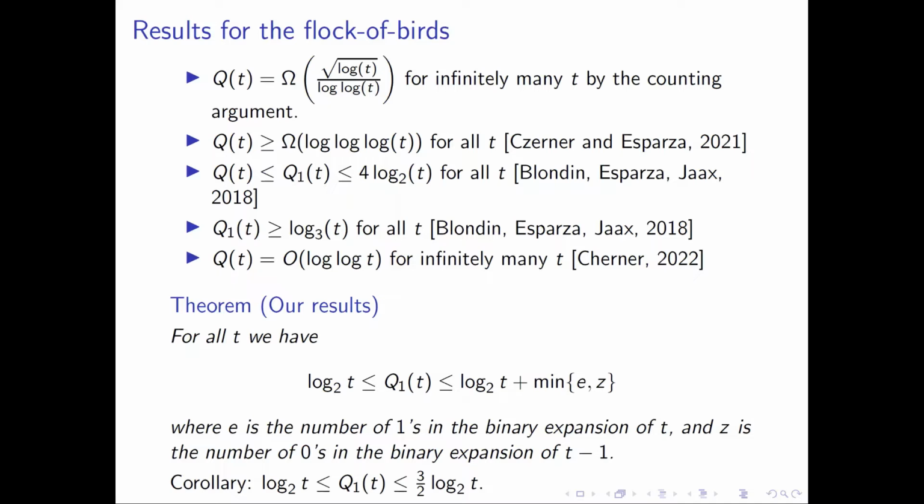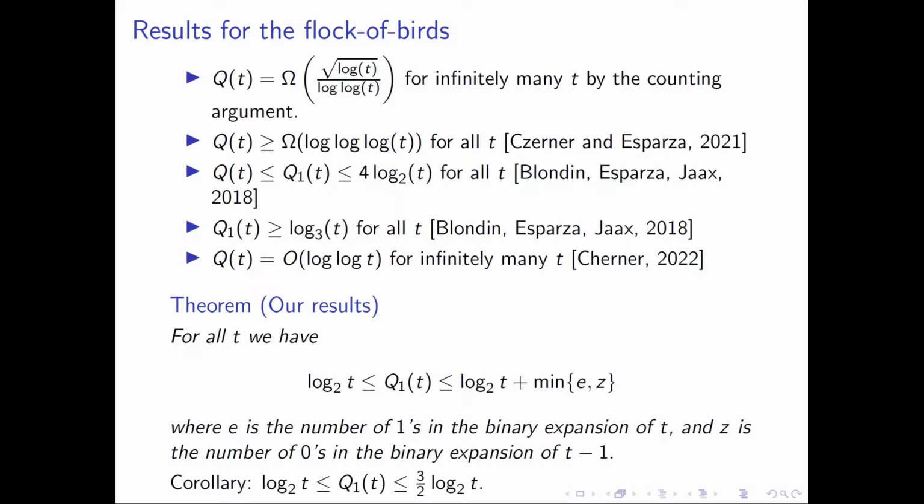And the way you can show it is very simple. You take some Q and you count how many different population protocols you have with at most Q states. And then, each of these population protocols can solve the flock of birds problem only for at most one threshold, right? And there are many thresholds. So for some of them, you will require many states. So that's the idea of this argument.